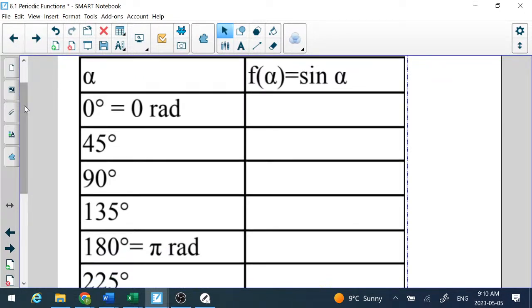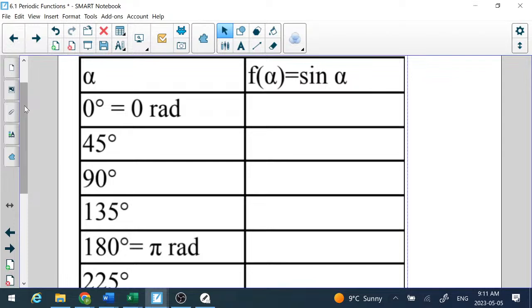What do y'all think? What's sine of 0? Anybody remember how you calculate sine? You could go SOHCAHTOA, but probably easier if you just use x, y, and r. You know what I'm saying? So sine is? Try again. Sine is y over r.